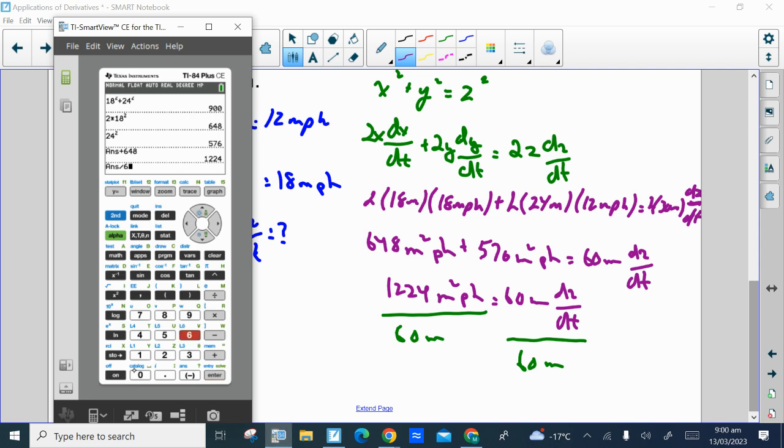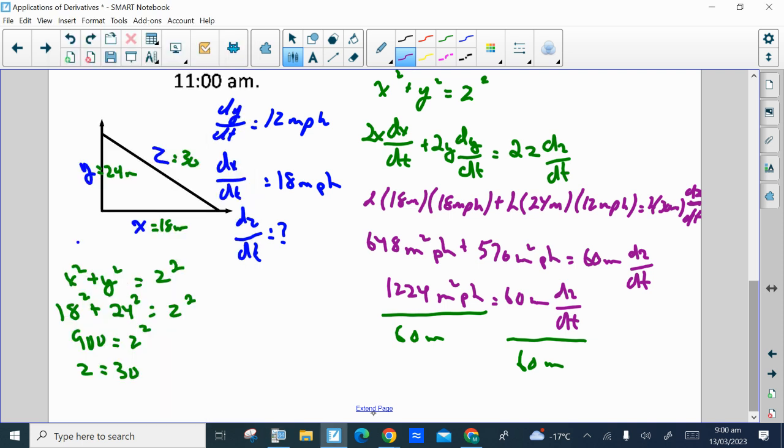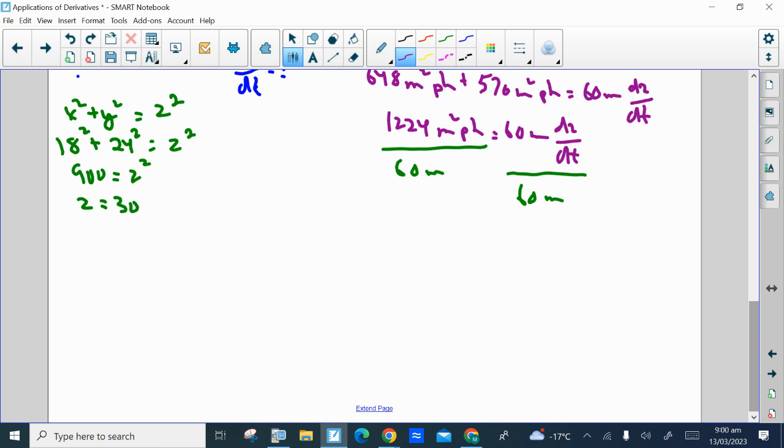So divided by 60 is 20.4. And you divided miles squared per hour by miles, so that gives us miles per hour. That's what dz by dt is. That's the rate at which the distance between the two ships is increasing at 11 a.m.